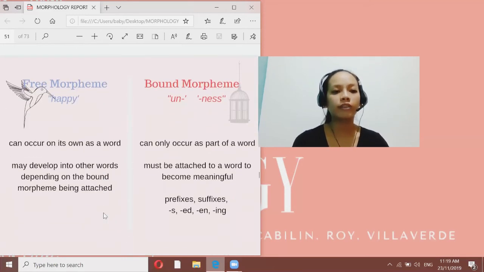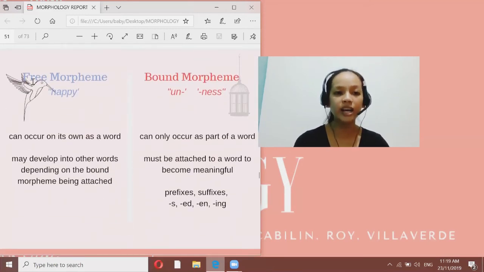Now our morphemes can be either free or bound. When we say free morpheme, it can occur on its own as a word, just like happy. Happy on its own has its own meaning. It may develop into other words depending on the bound morpheme being attached to it.